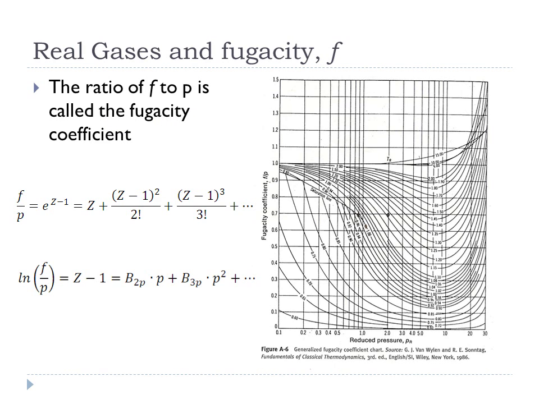Okay. So on the right here, I've got a graph of what's called the fugacity coefficient, F over P. So let me talk to you first about what F over P is. If we look at the bottom equation, the log of F over P is equal to Z minus 1. So Z minus 1 is essentially how much a gas deviates from the ideal gas law.